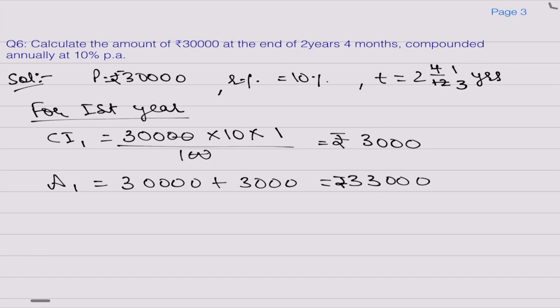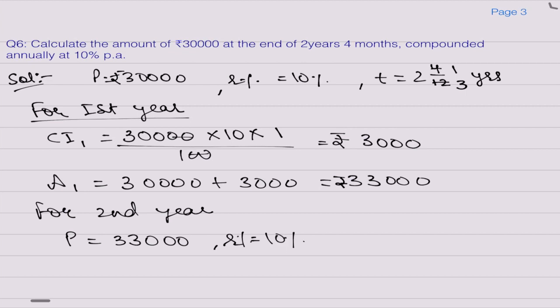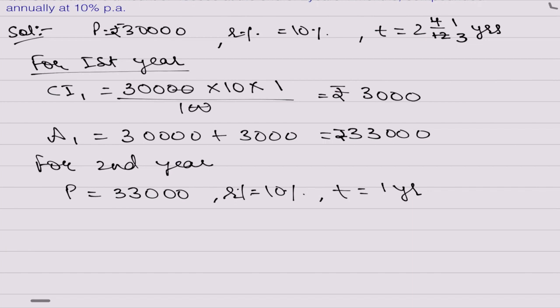Okay. Now for the second year, the amount of the first year will become the principal for the second year. Rate is same, time is again 1 year. Now compound interest for the second year is again P into R into T upon 100.